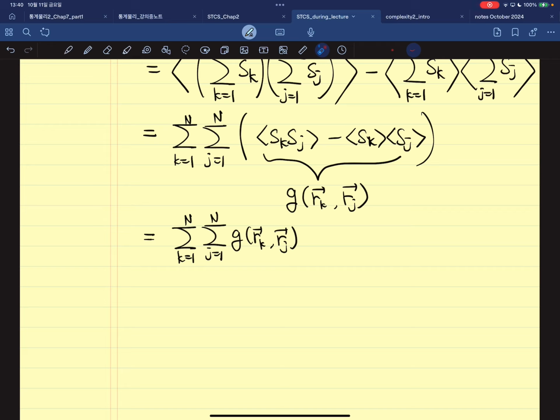But one thing is that because these summations are unrestricted sums, we can actually write this down as, I will just write down the answer and explain to you.